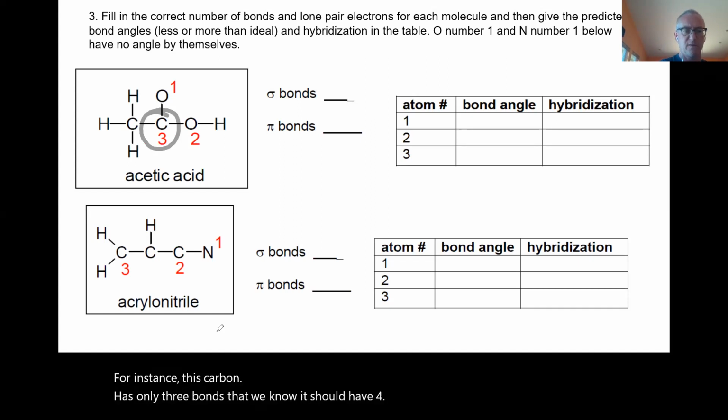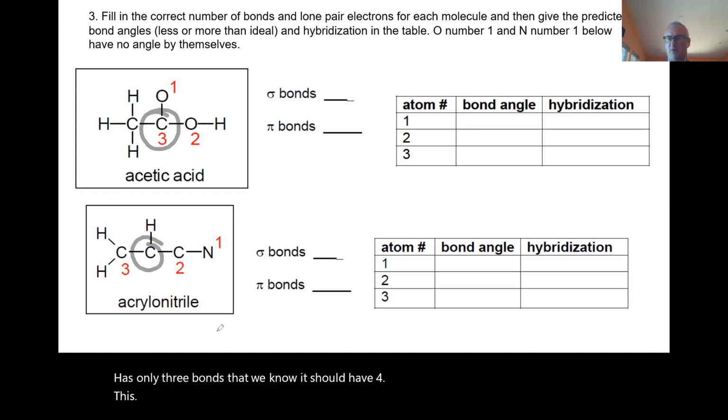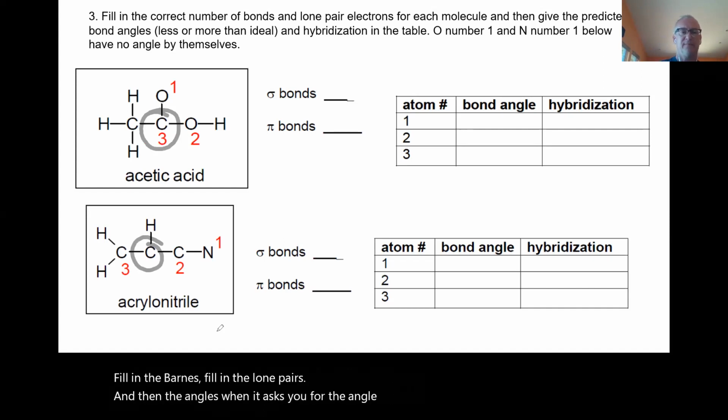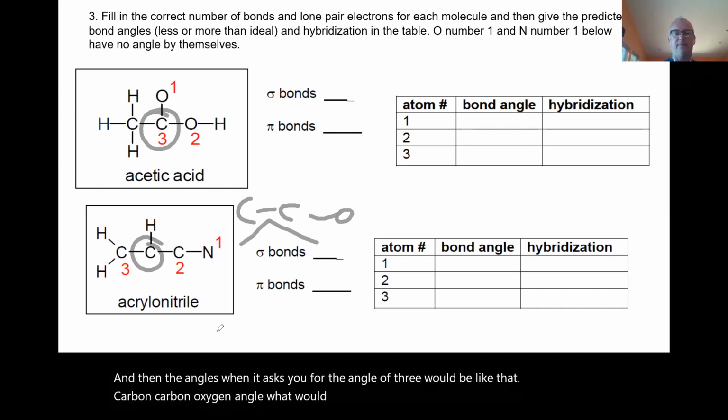This carbon also only has 3 bonds, and we know it should have 4. So fill in the bonds, fill in the lone pairs, and then the angles. When it asks you for an angle of 3, it would be that carbon oxygen angle. What would that angle be around the carbon?